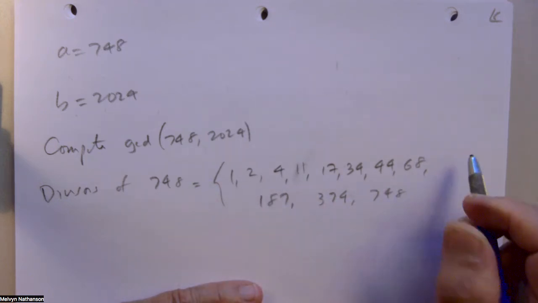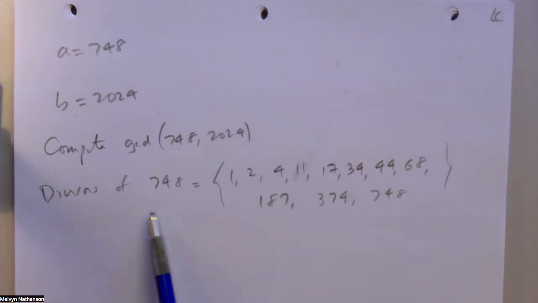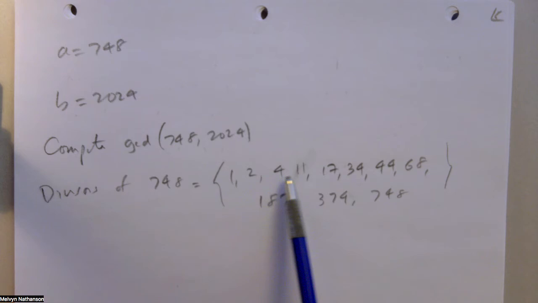And of course, the number itself divides itself. So these are the divisors of 748. They're 1, 2, 3, 4, 5, 6, 7, 8, 9, 10, 11 of them.